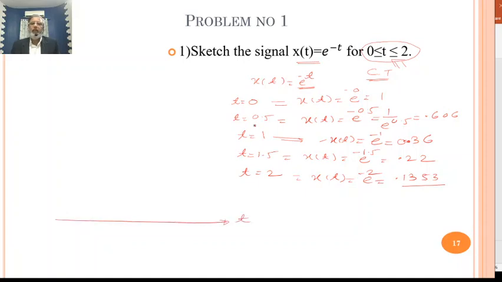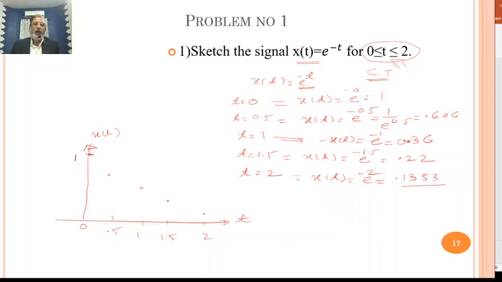Now we sketch this signal. These are the amplitudes for the different t. This is x of t for 0, 0.5, 1, 1.5, and 2. For 0, the amplitude is 1. For 0.5, this is 0.606. Here 0.36, 0.22, and here 0.135.